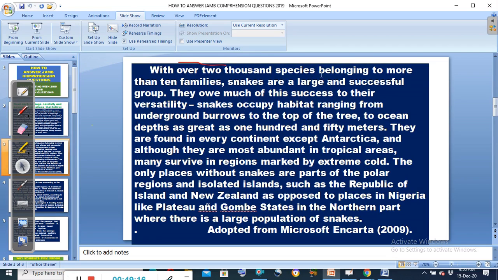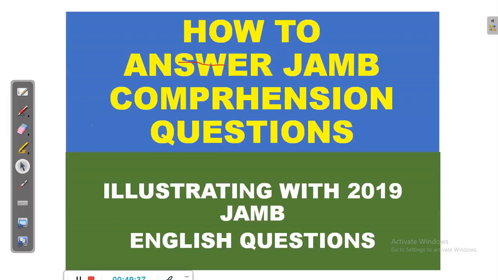With over 2,000 species belonging to more than 10 families, snakes are a large and successful group. So they are really heterogeneous because they are made up of different kinds. That's the meaning. So we can really confirm that this is exactly what this means.